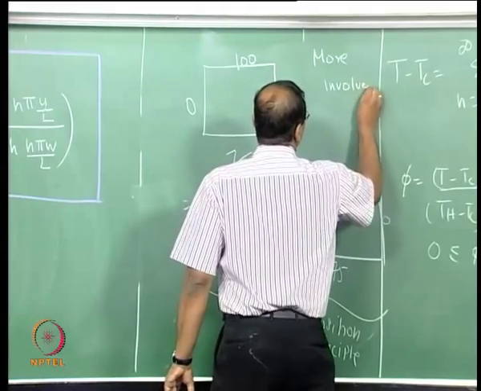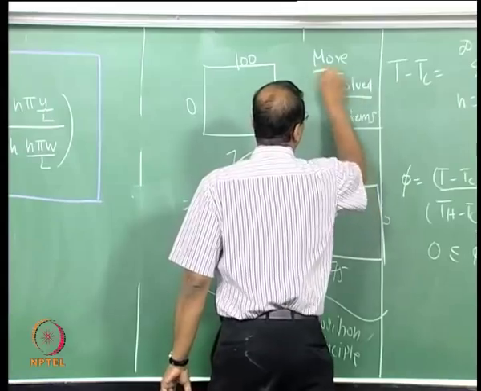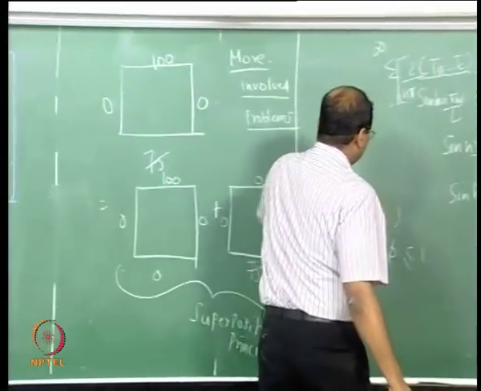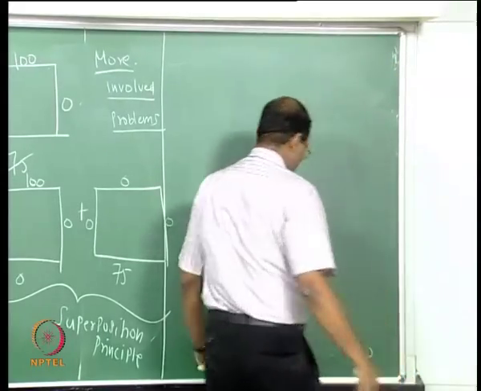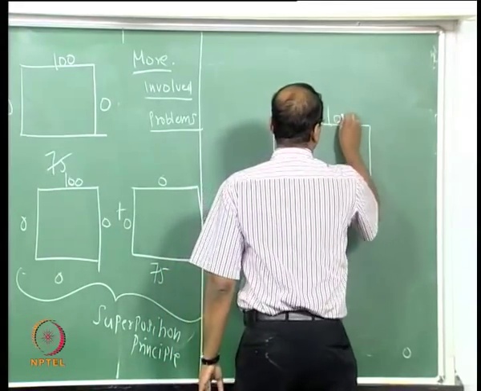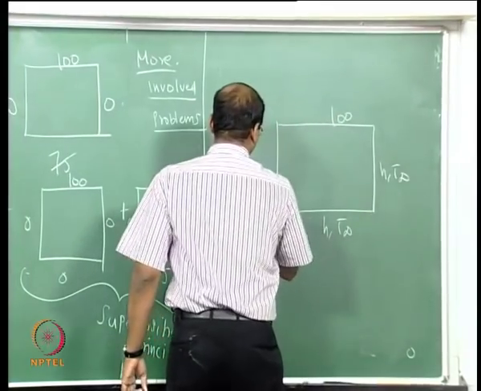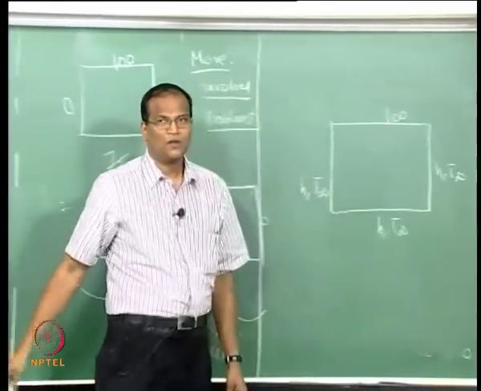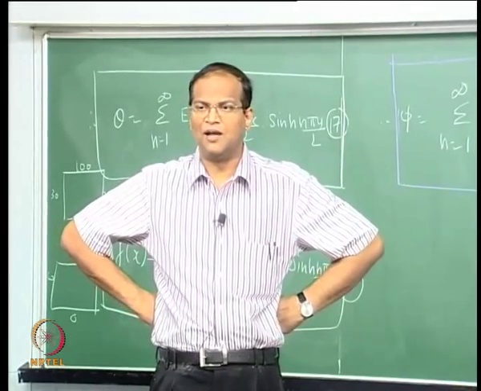So more involved problems like this. Or you can have, then you have to put minus k dT by dx equal to h delta T on the 3 walls, and then you will get some solution like lambda n tan lambda n L equal to 0.